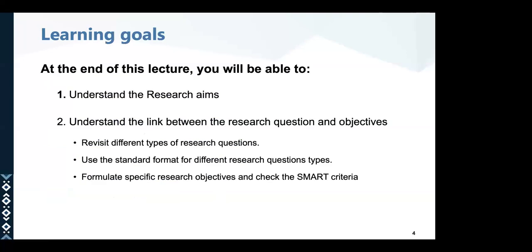So at the end of this lecture, you will be able to understand the research aims. You will also be able to understand the link between research question and research objectives, which means you should be able to revisit the types of research question.